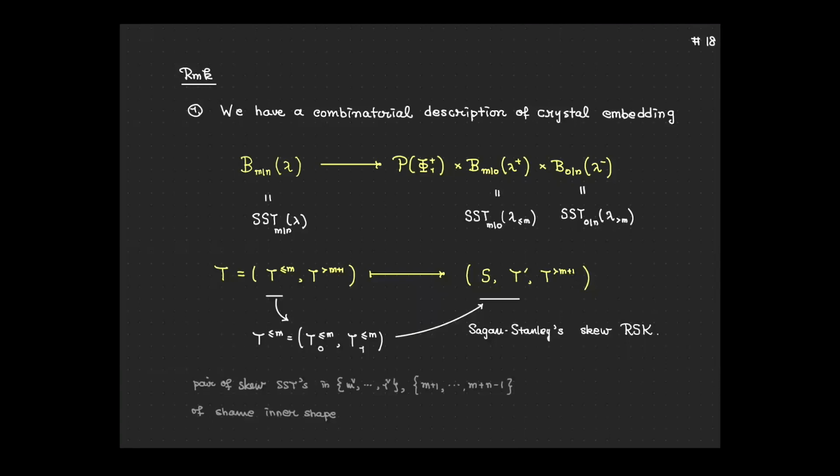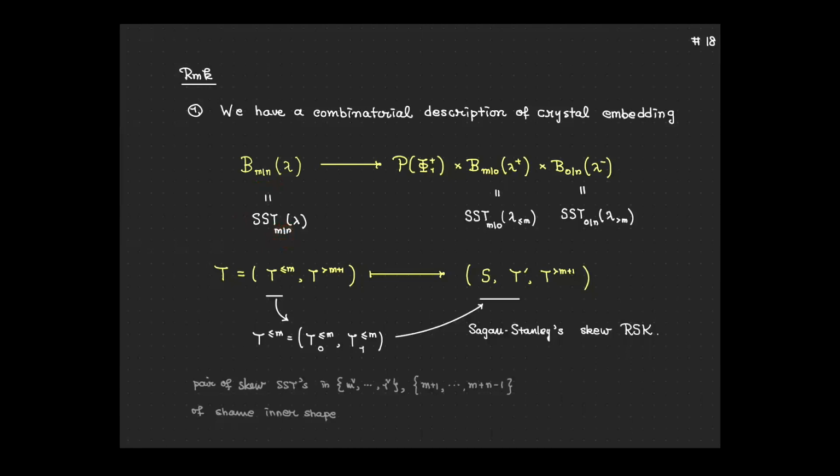In the remaining part of my talk, I will explain how to construct this embedding. Here is a brief sketch of the map. I will give a very concrete example in the next slide. Roughly speaking, we start from here, where B_{m|n}(λ) is just a set of semi-standard tableaux, the m|n hook semi-standard tableaux.